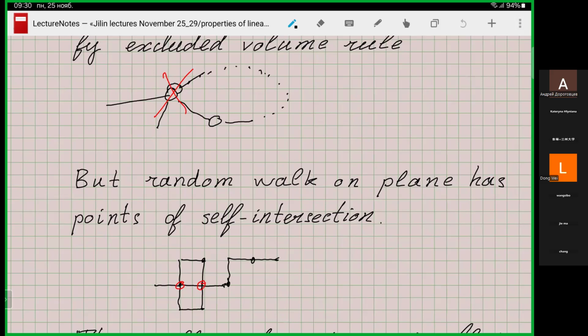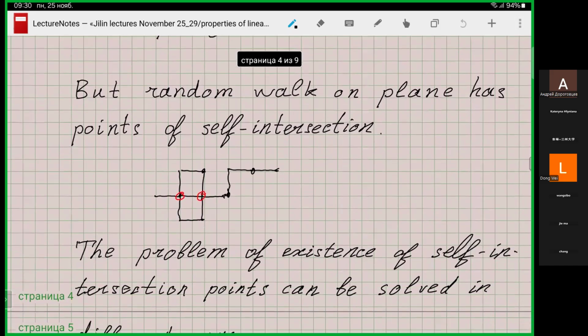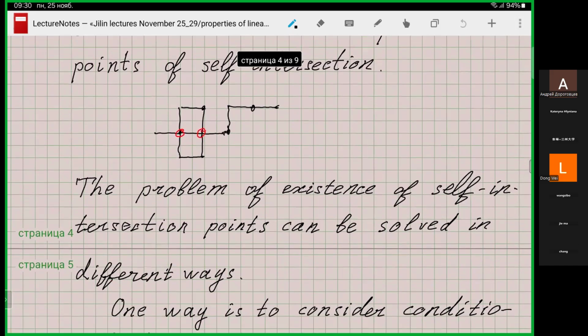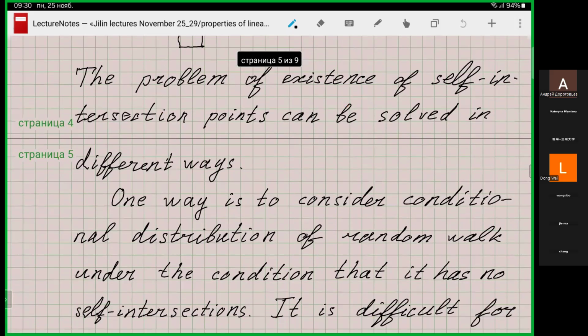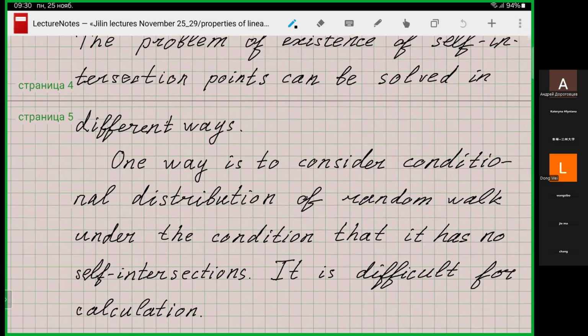The question arises how to produce more realistic models of linear polymers using this random walk trajectory. There are several ways to do this. One way is to consider the conditional distribution of a random walk under the condition that it has no self-intersection.